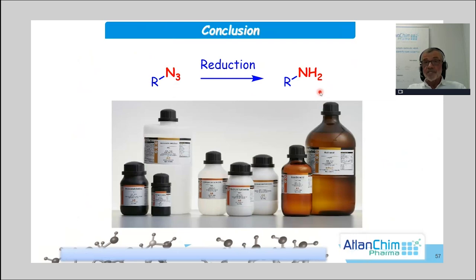The number and diversity of milder methods available to carry out this transformation in a chemoselective way provides an ideal opportunity to use azides as precursors of amino compounds in various fields of total synthesis of natural products or for the preparation of pharmaceutical compounds.